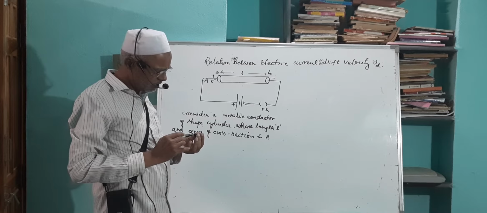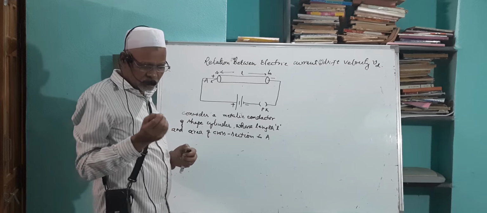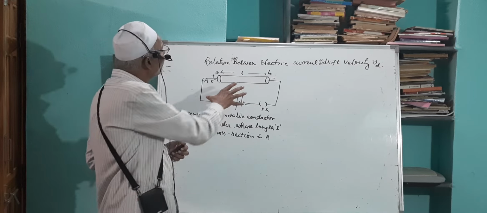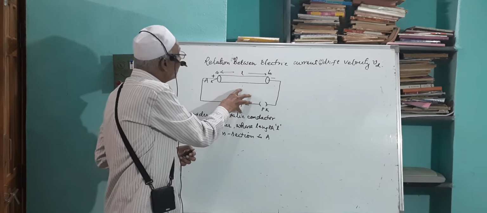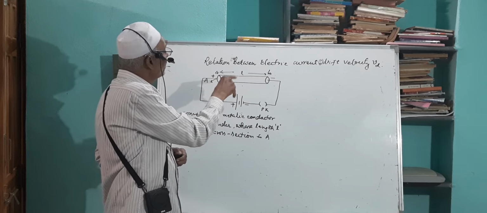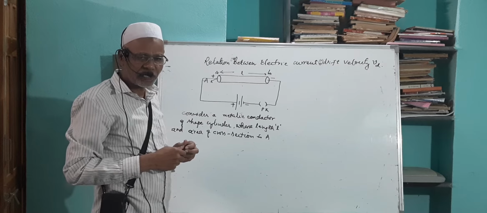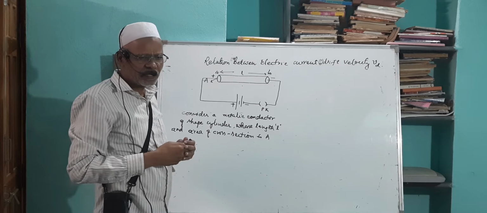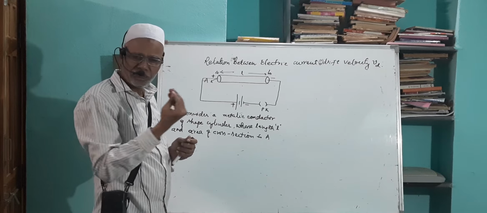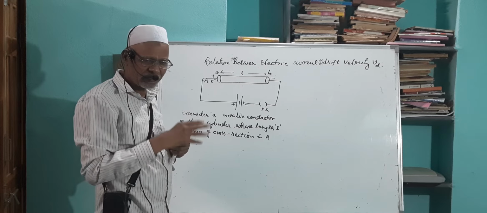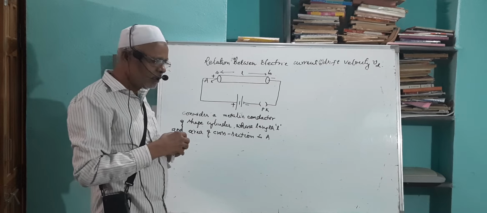I would like to give an analogy. Before connecting this battery to the circuit, the electrons are moving inside the conductor in a zigzag manner, just like fishes moving inside the ocean in a zigzag manner. There is no specific direction for the movement of the fish.